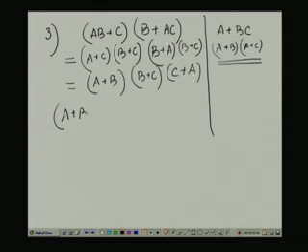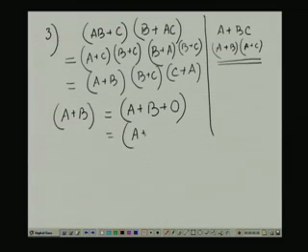Now, what can I do in the product term? Because the literal C is absent in the first term, I have to introduce C. So, how am I introducing it? A plus B, now here, plus 0. Now, 0 I can replace by C C bar, because C was not here.